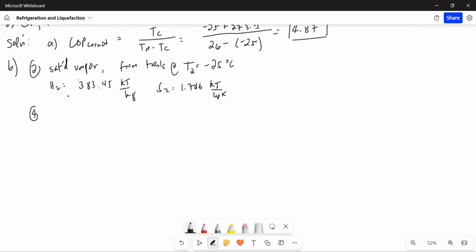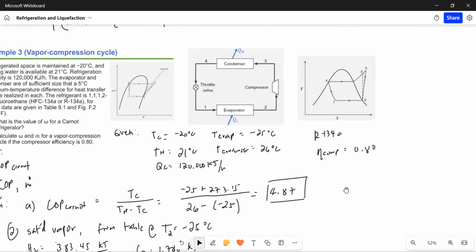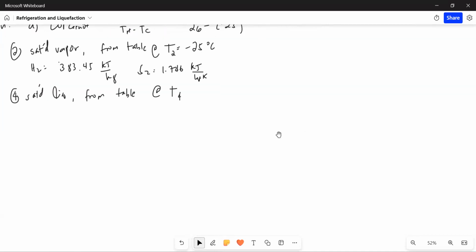So it's completely saturated liquid. So from the table at T4, T4 is equal to the temperature in the condenser. That's 26 degrees Celsius.